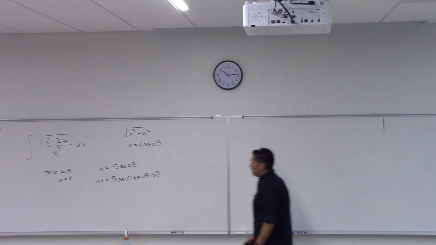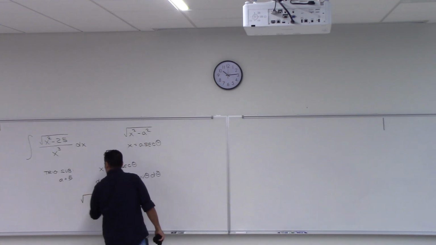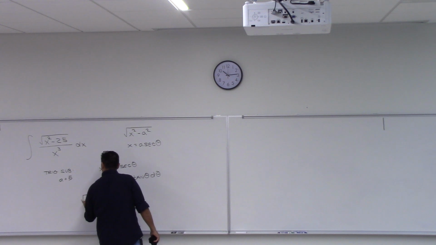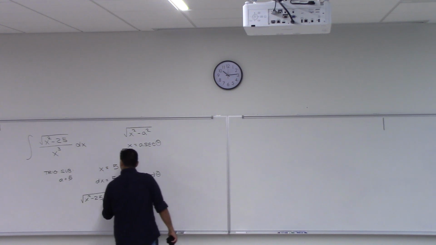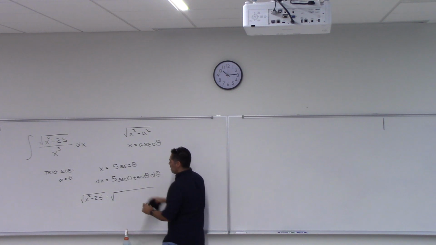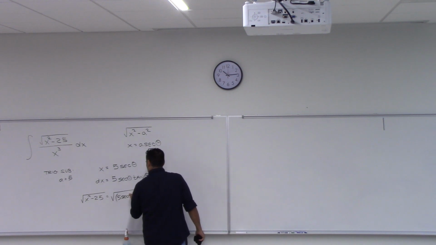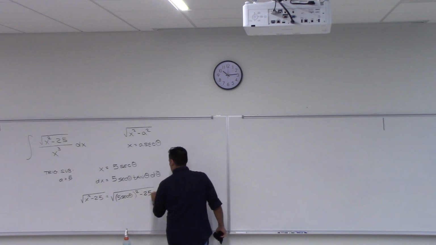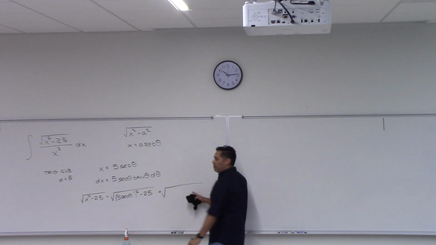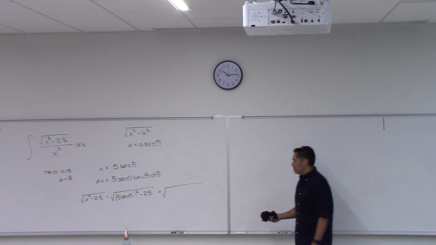And then I have to figure out what this square root thing turns into. So what does the square root of x squared minus 25 turn into? Well, if we're replacing our x with 5 secant theta, it turns into 5 secant theta squared minus 25. And the whole idea of this is that this should simplify to something where I can use a Pythagorean identity to clean it up real nice.